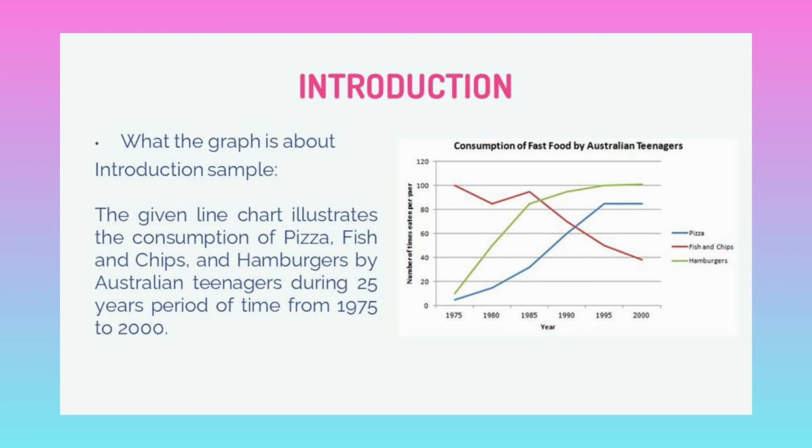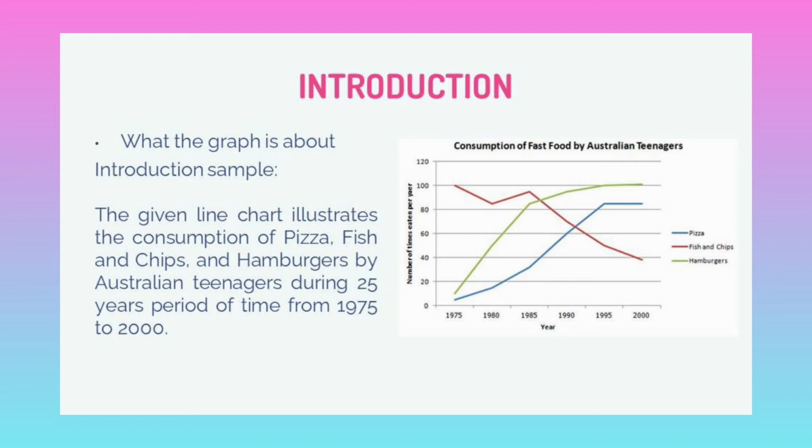Therefore, we can write the introduction sample like this. The given line chart illustrates the consumption of pizza, fish and chips, and hamburgers by Australian teenagers during 25 years period of time from 1975 to 2000. This introduction sample chooses not to write the word fast food.